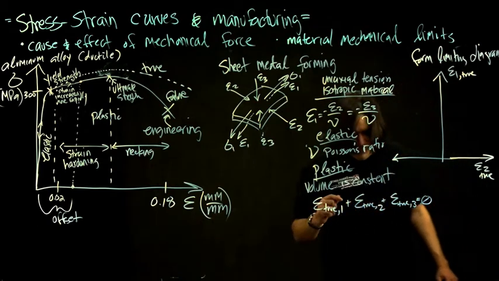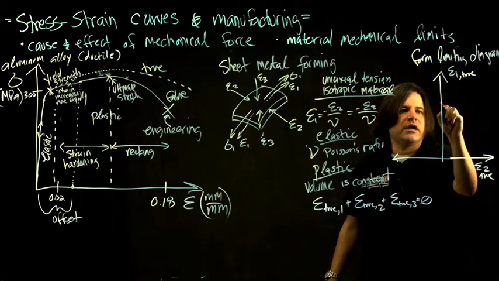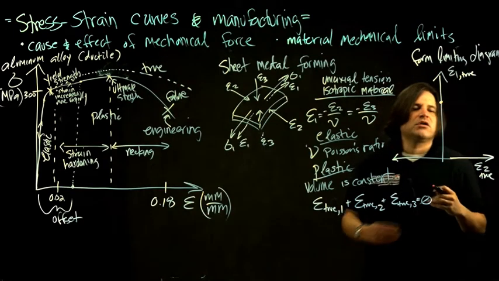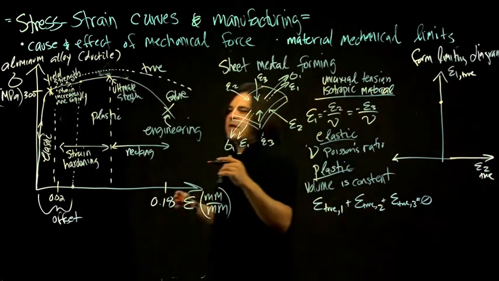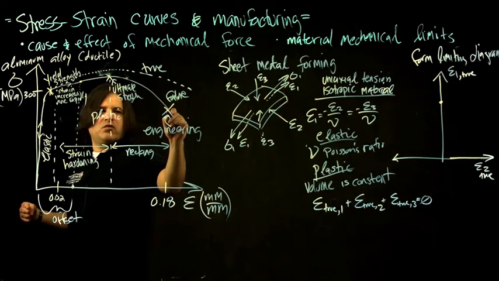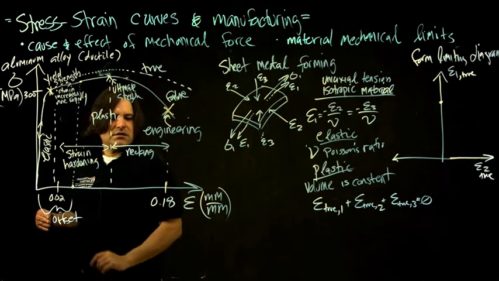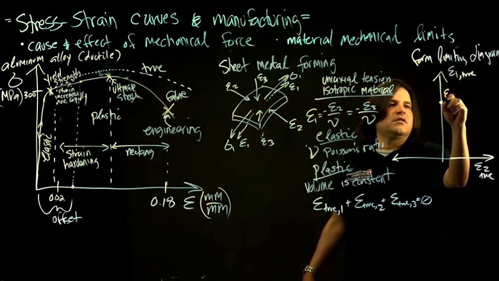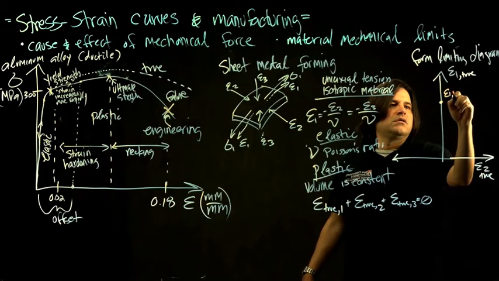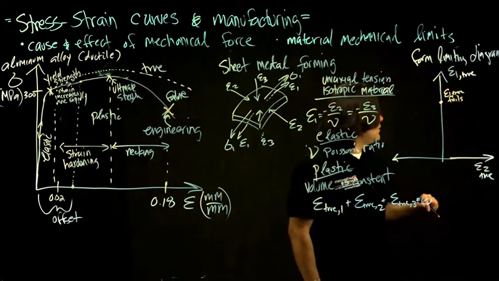And so what you do is a couple benchmarks exist where you would say, okay, if I was undergoing this uniaxial tension and according to my stress-strain curve, it will fail at a given known stress. So you can write this one here. This would be the E1 true that fails. That's a benchmark. That's good to know.